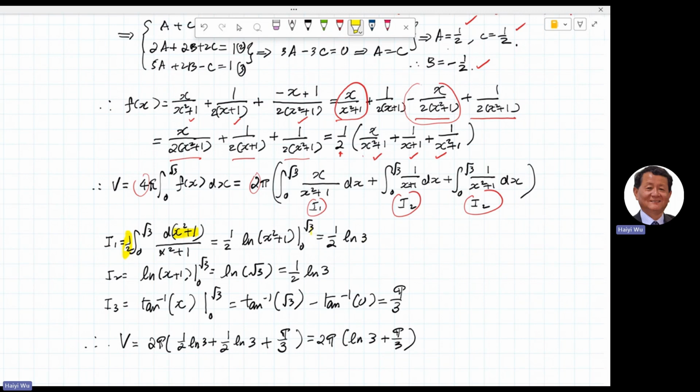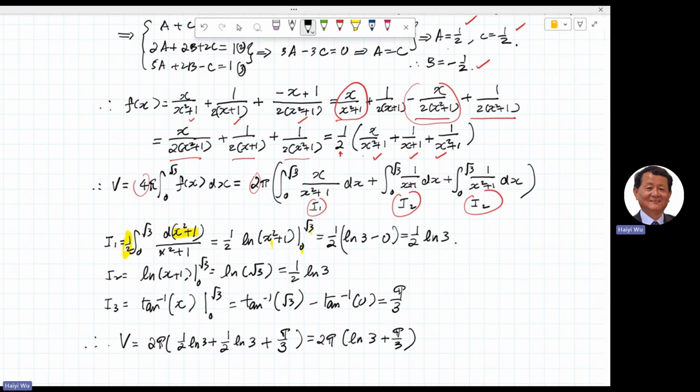Substituting x equals square root 3 gives log 3, then substituting 0 gives log 1, which is 0. So the answer is half log 3.